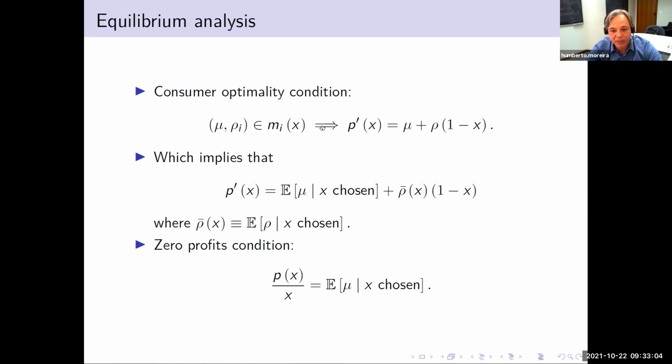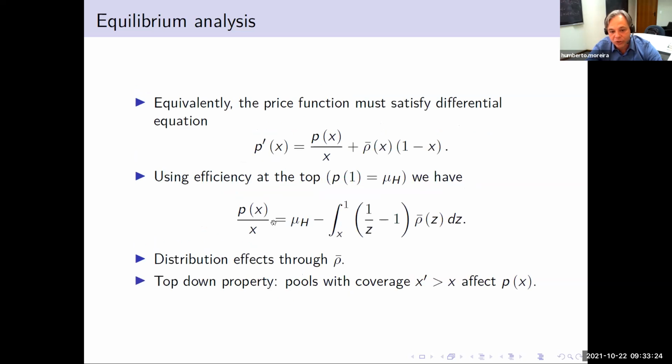So the consumer optimality condition just says that the marginal price should be the marginal willingness to pay for that coverage level. So this gives us the mapping between the coverage and the types that are going to be associated to that. Taking the expected value, you can use this first order condition and the zero profit condition. Combining these two, we can find the formula for the equilibrium prices.